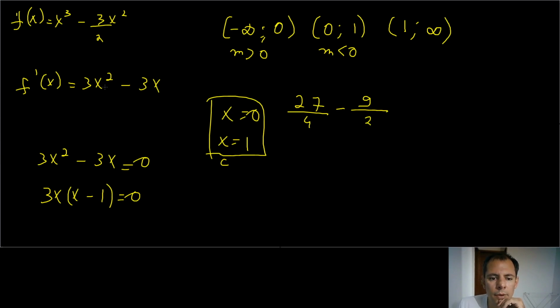Minus 3 times 3 divided by 2. So I'm going to put a 4 here, and in here I'm going to put an 18. I'm just getting the minimum common denominator. And then I have 27 minus 18, which is 9/4. So in here it becomes positive, if I'm not making any mistakes.